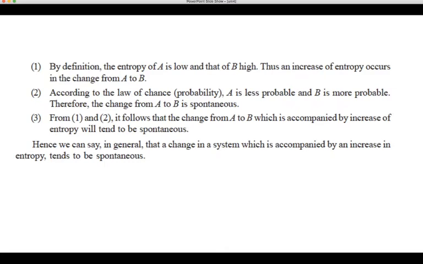Hence we can say that a change in the system accompanied by an increase in entropy tends to be spontaneous.